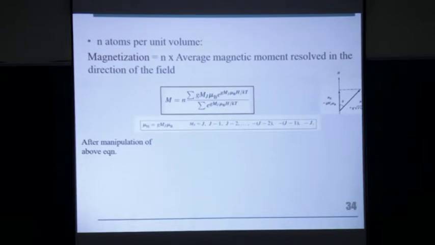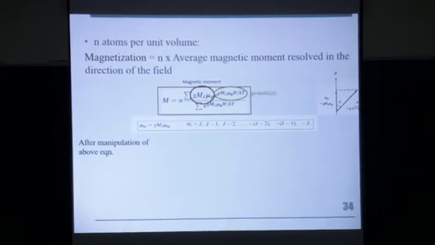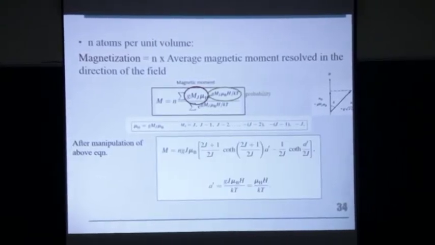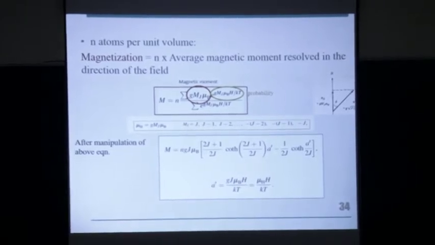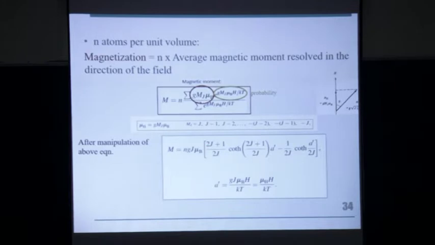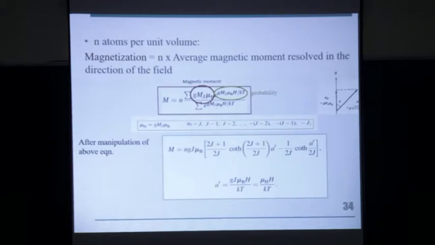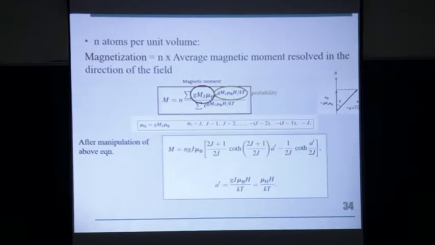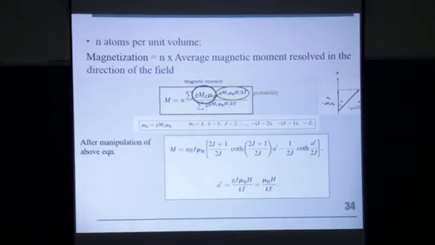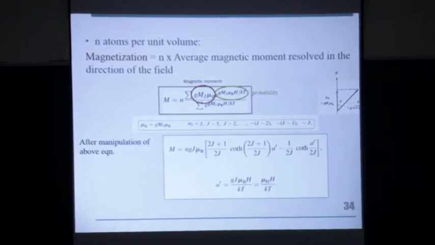Now if you go through some derivation, I don't want to go through all the derivation, but what you get is something that looks like the Langevin function, but it is not exactly the Langevin function. And it also contains the parameter which gives you the field and the temperature dependence.